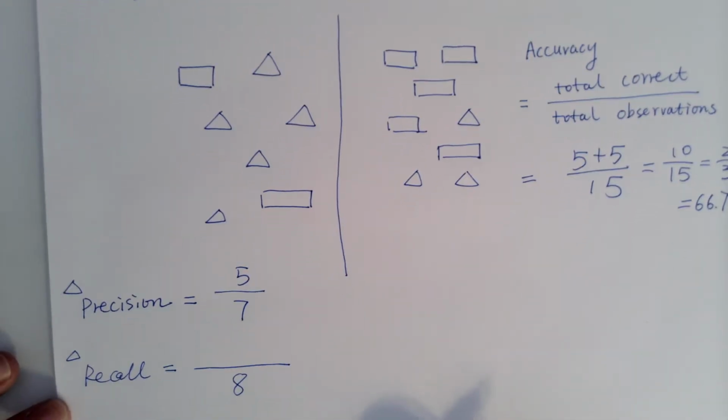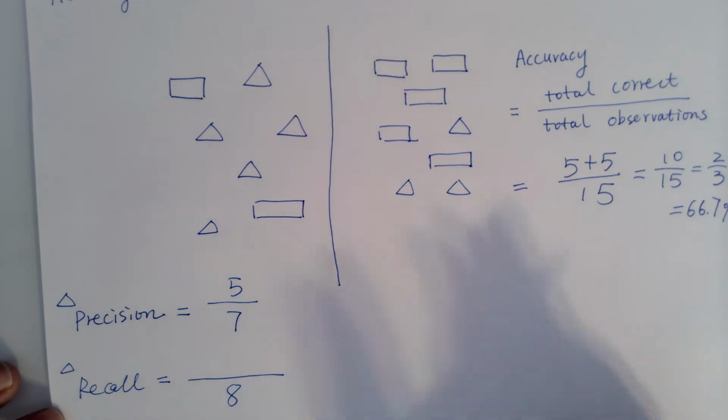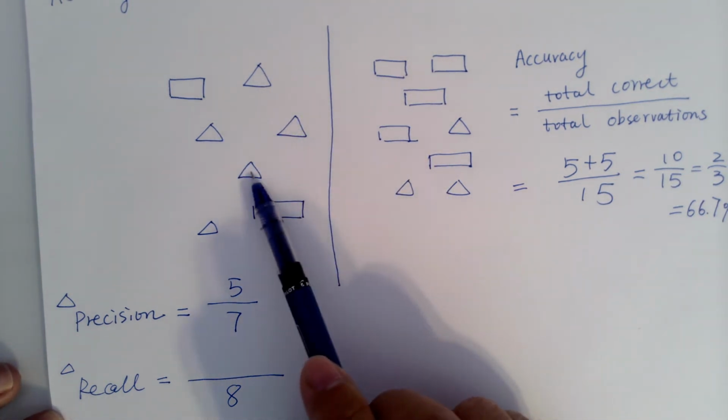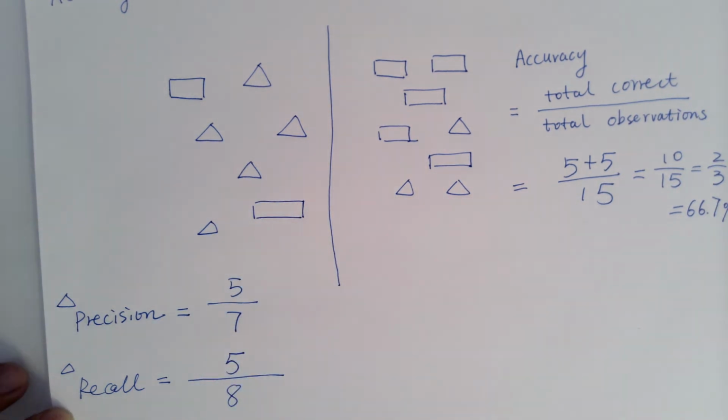And how many did we identify correctly using our model? 1, 2, 3, 4, 5. So we identified 5 out of 8. That's what we call the recall.